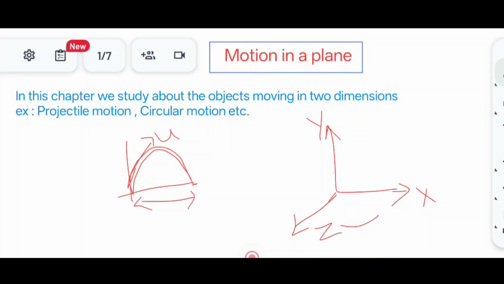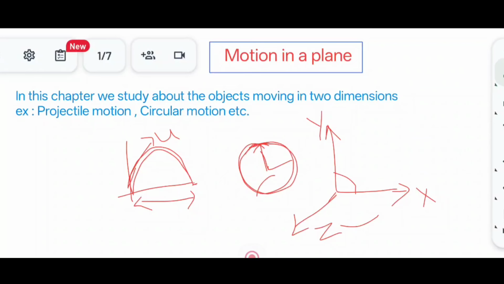Another is circular motion. Any body which is moving in a circular orbit, or whose trajectory gives a circular shape, is known as circular motion. Such motions we are going to study in this chapter.